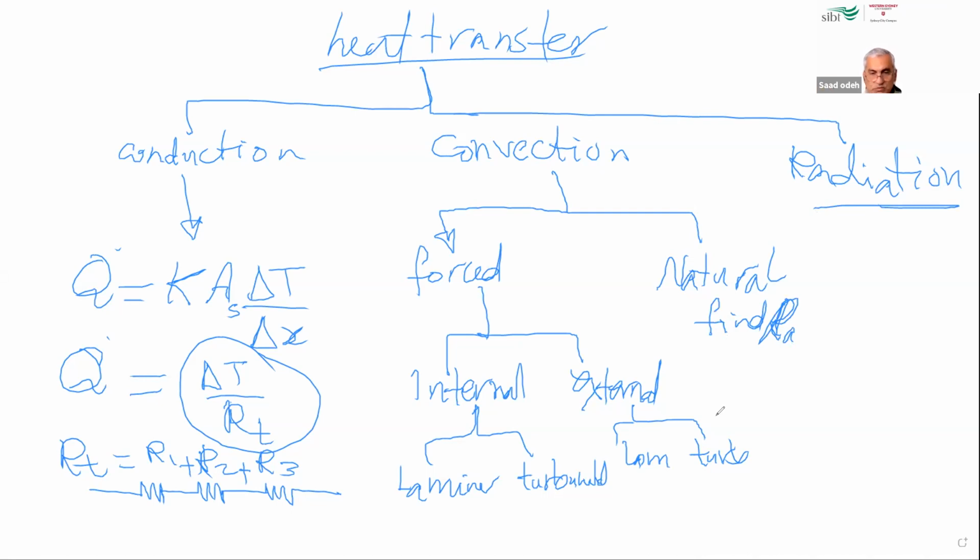In this case, Q dot equals emissivity multiplied by sigma, the Stefan-Boltzmann constant, multiplied by the area, multiplied by the surface temperature to the power 4 minus the ambient or surroundings temperature to the power 4, in Kelvin.